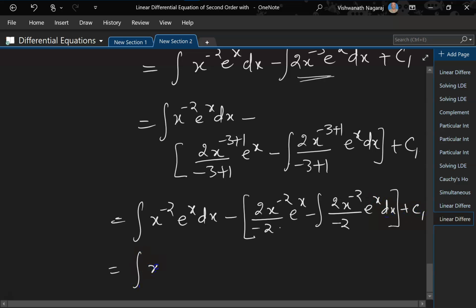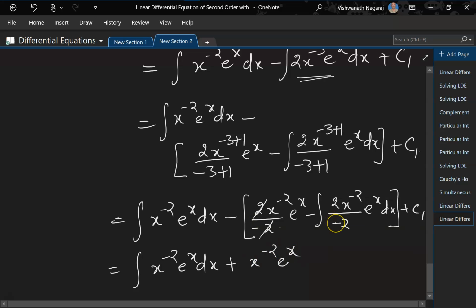Okay, now x to the power of minus 2 e^x dx. Now this minus and minus becomes plus, and the 2 and 2 get cancelled, giving x to the power of minus 2 e to the power of x.